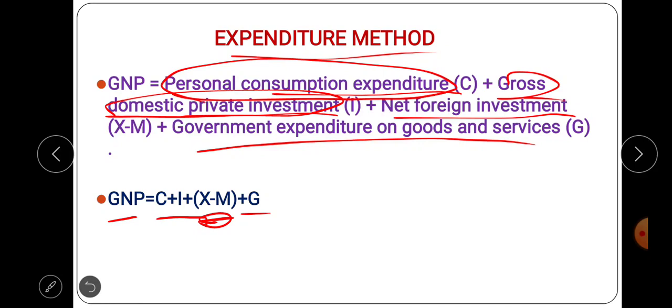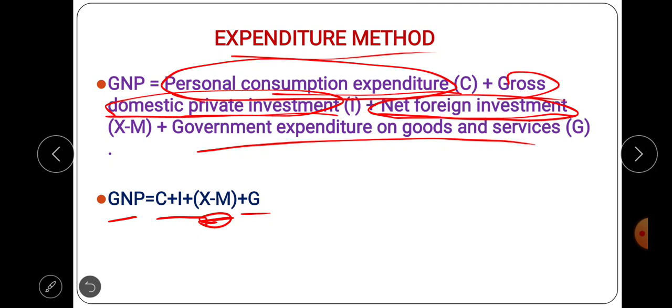Okay, the next one is the net foreign investment. In an economy, the entire production may not be sold within the country. A part of it is exported to other countries, and similarly the country imports some finished goods from other countries during that particular year.